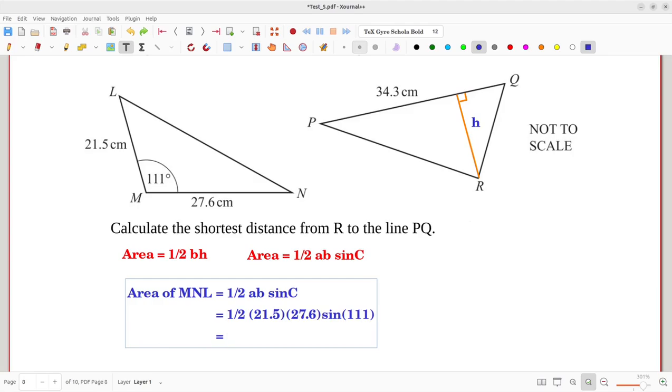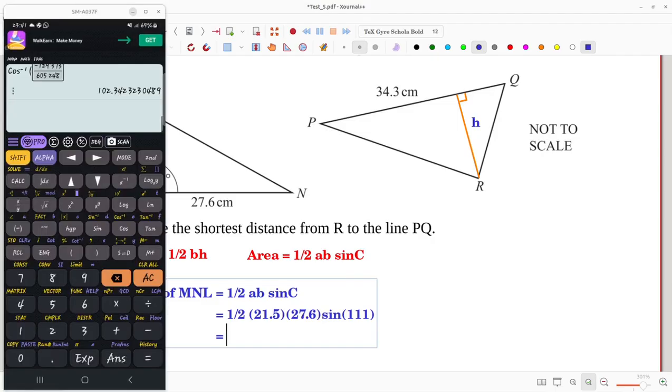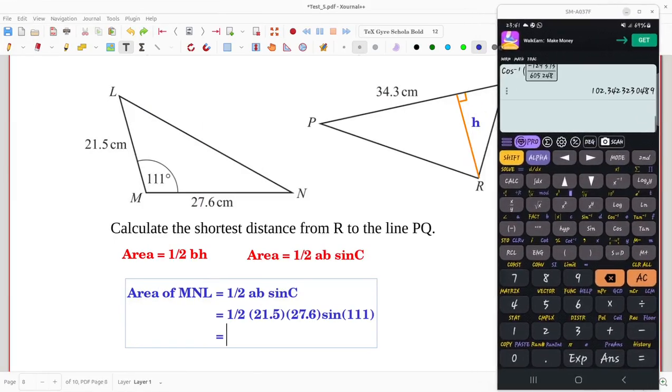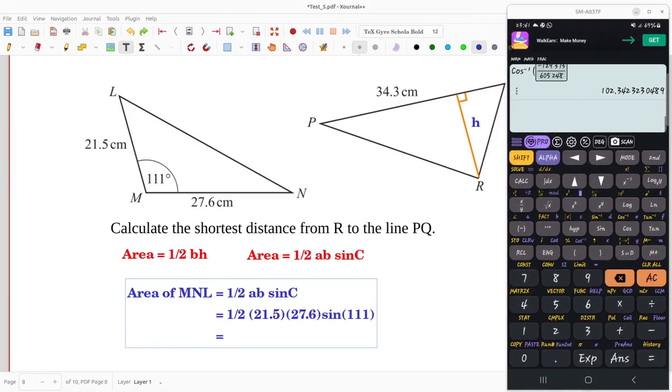This thing is going to give us, let's bring in our calculator here. Maybe let me place it that side. Nice one.